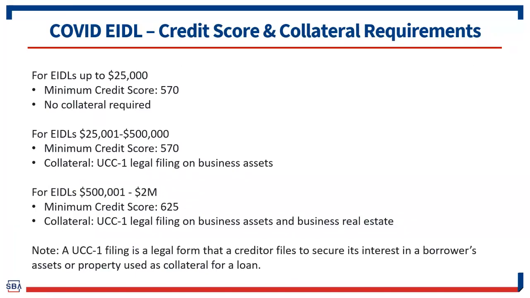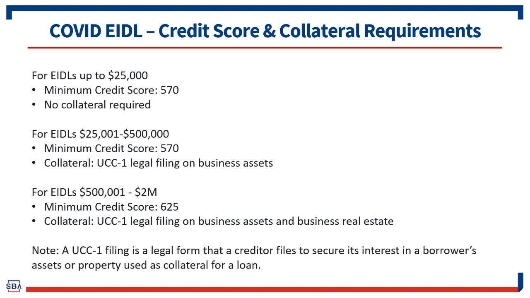Just wanted to give a brief update on the credit score and collateral requirements for the COVID EIDL program. If you are borrowing up to $25,000, there is a minimum credit score, and that is 570. You do not have to pledge collateral for loans up to $25,000. If you're borrowing over $25,000 up to $500,000, the minimum credit score is the same, 570.